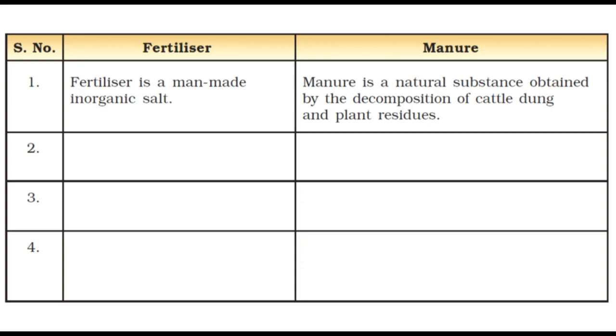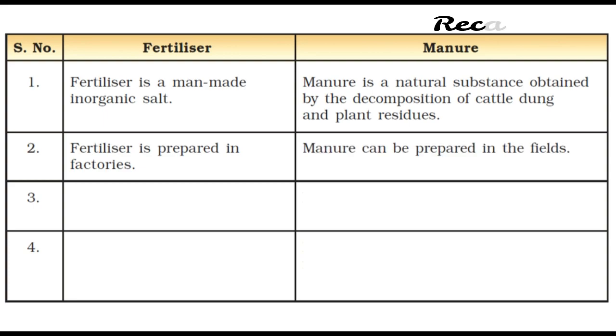Fertilizers, as we have already studied, are manufactured in factories, whereas manure is made in the fields with the help of microbes, microorganisms, especially earthworms. Vermicompost is a manure.